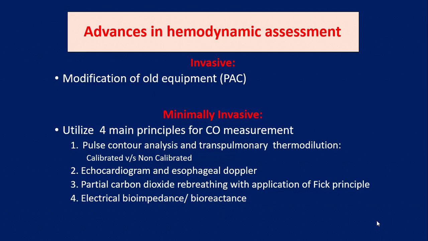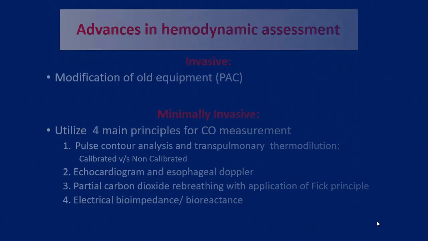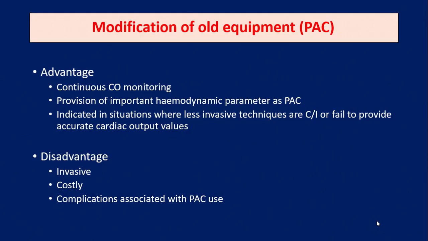So mainly four techniques are there, principles: pulse contour analysis and transpulmonary thermodilution, which could be calibrated or non-calibrated, echocardiography or esophageal Doppler, partial carbon dioxide rebreathing with application of the Fick principle, and electrical bioimpedance or bioreactance. I'll discuss a little bit about thermodilution.